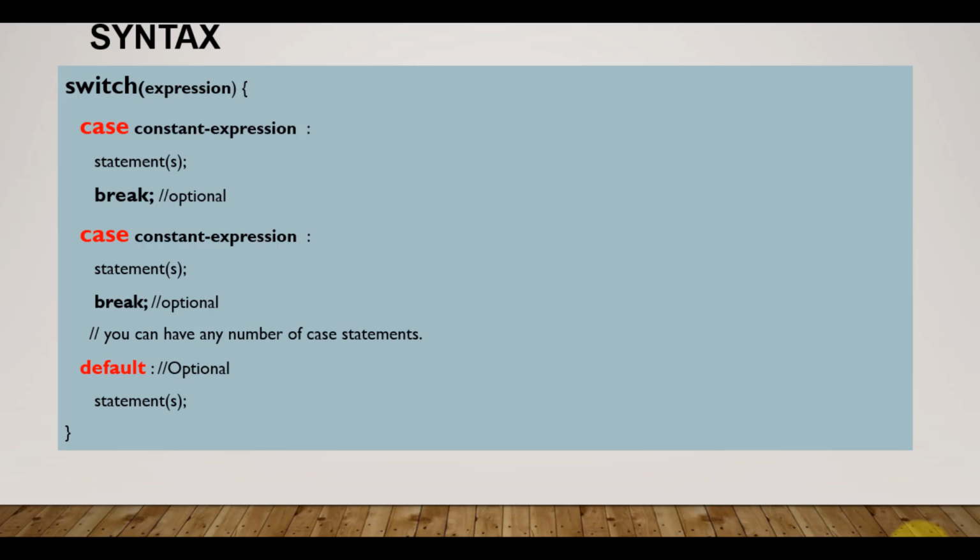The syntax of switch: we have here the keyword switch, that's the command in C++, then the expression, followed by the case and constant expression, and every case has a break, up to the default. You can have many cases, it depends on your problem.